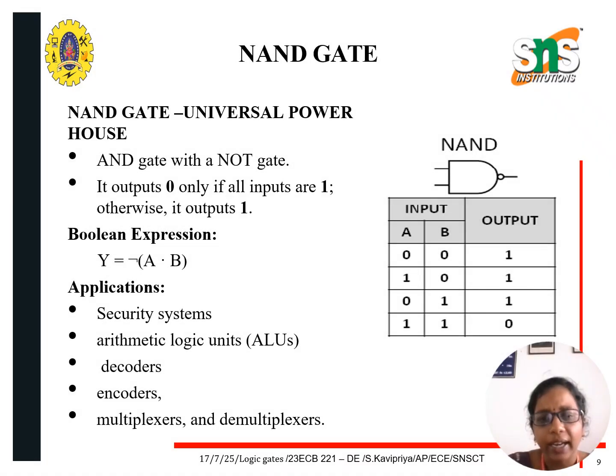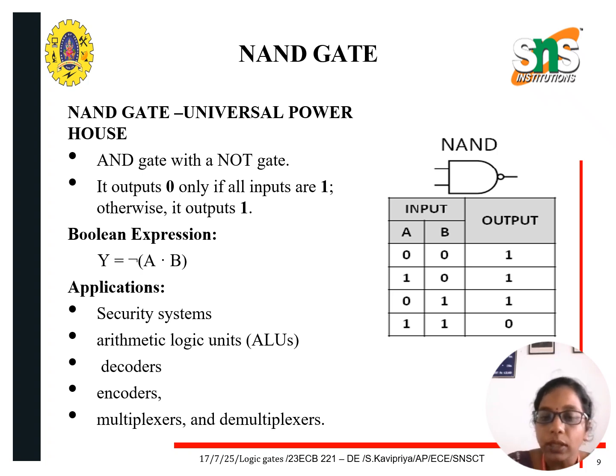And next is the NAND gate. The NAND gate is a universal powerhouse. Both NAND and NOR are universal because they can be used for implementing the other gates. The NAND gate is exactly opposite to the AND gate, so an AND gate followed by a NOT gate is a NAND gate.